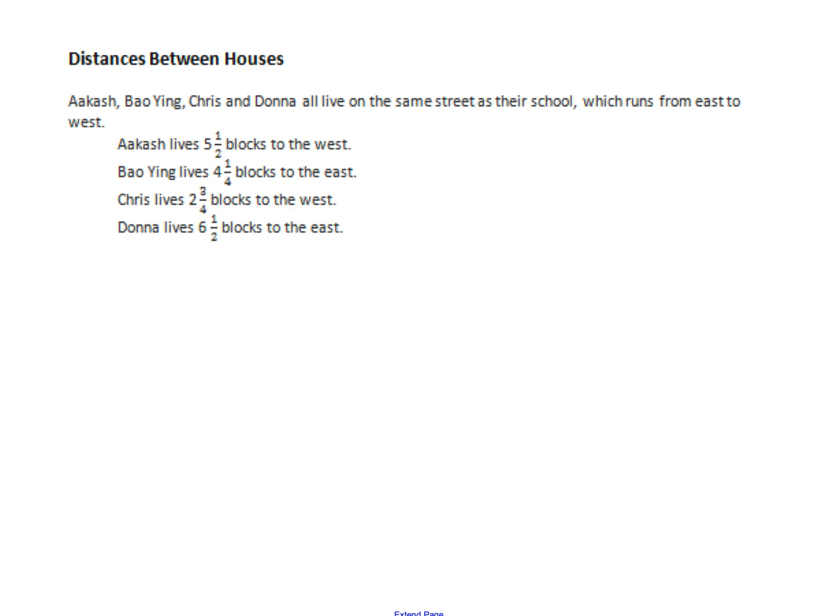Chris lives 2 3/4 blocks to the west. Donna lives 6 1/2 blocks to the east. And you have to find the distance between all of these values. Okay, so we'll go ahead and get this set up, and then you can take a minute to work on it on your own.